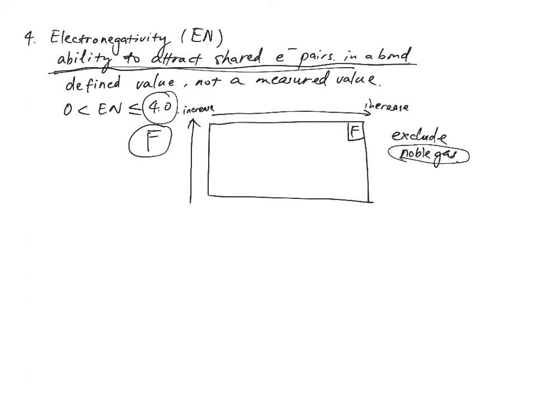What do you mean? Well, think about it. Each element would have a different ability to attract electrons. When you put two elements together, why would they share electrons?